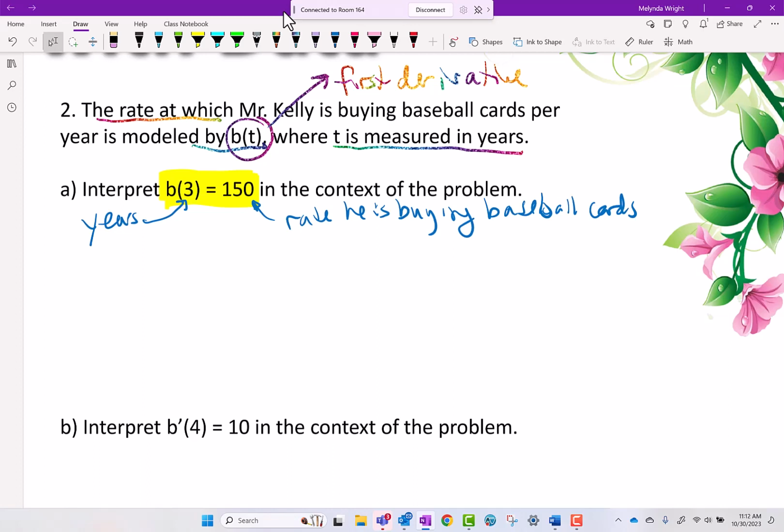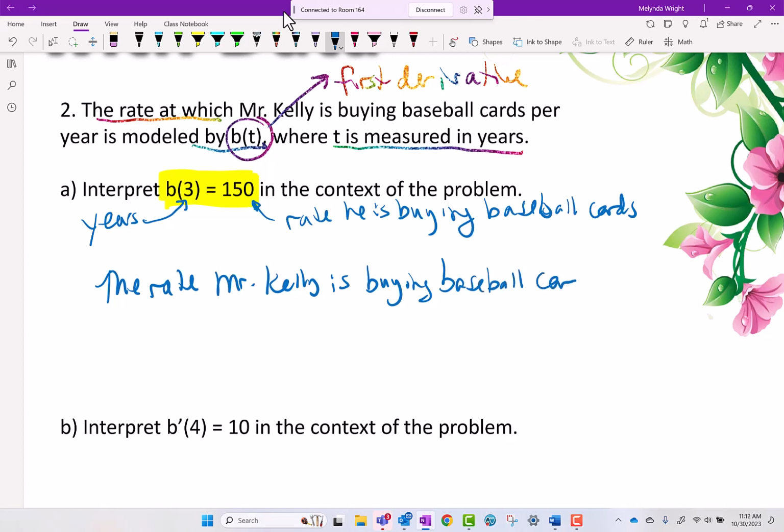B of 3 equals 150. It would mean the rate Mr. Kelly is buying baseball cards at year 3 is 150 cards.